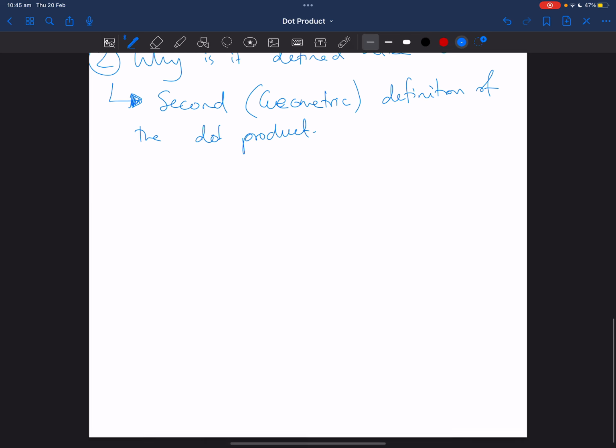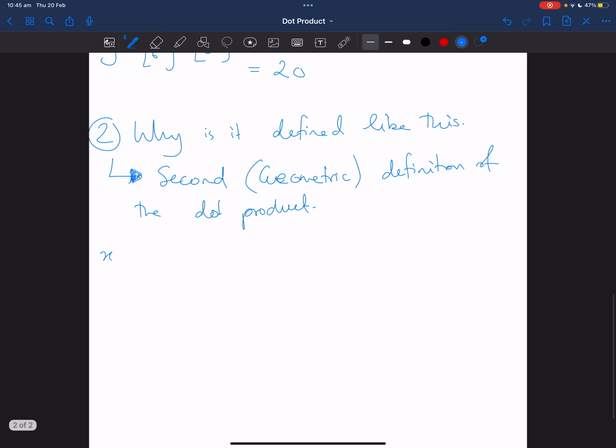The other way a dot product is defined is that the dot product of x and y is equal to the modulus of x times the modulus of y times cos theta, where theta is the angle in between x and y.